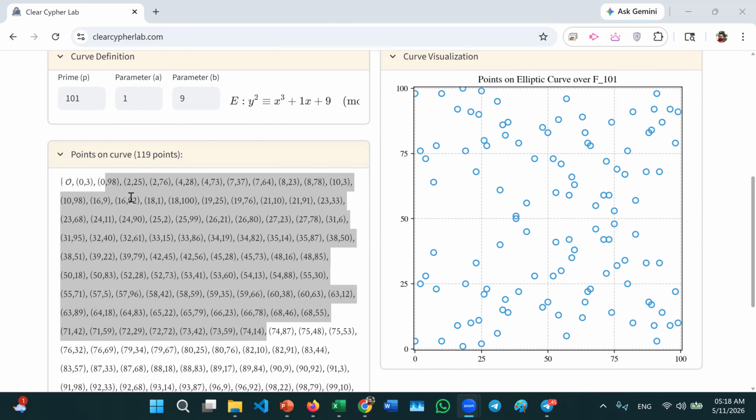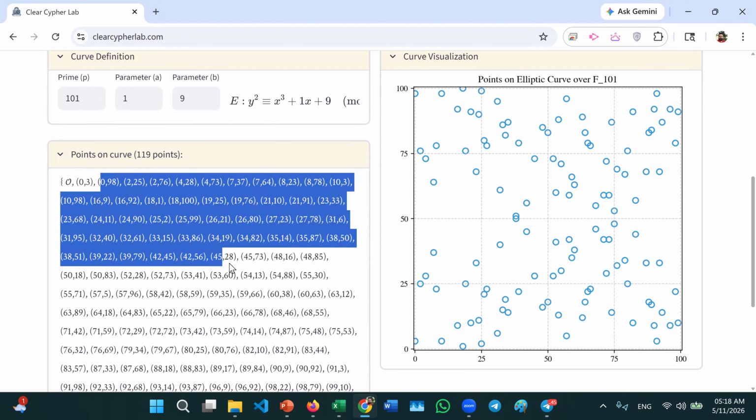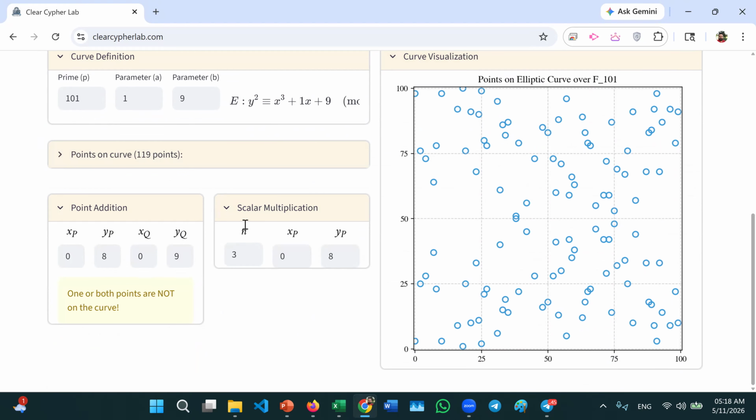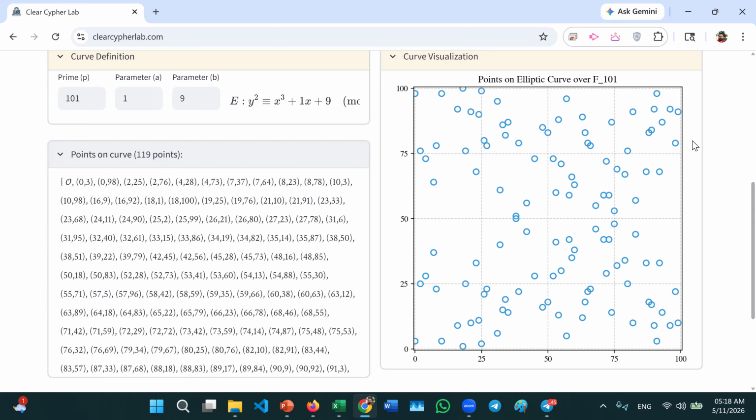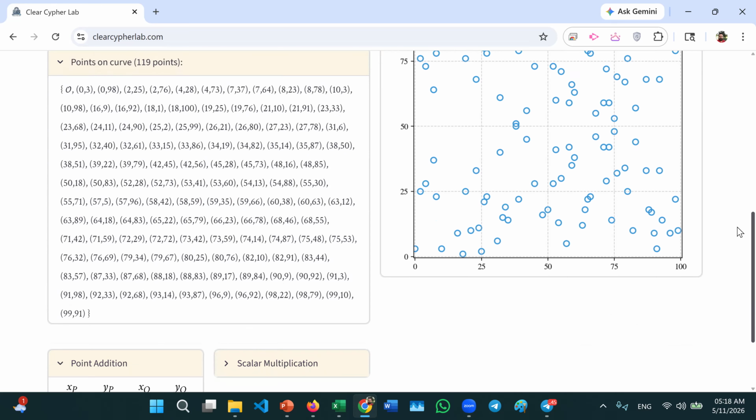Here we have the list of points that are shown in the figure, and then we can compute the point addition here.